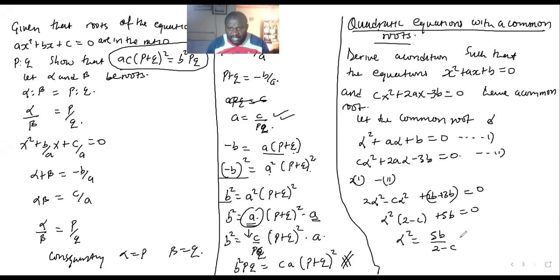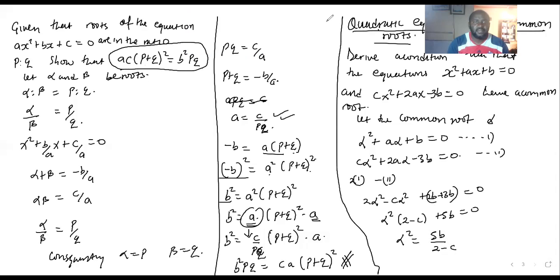No, before I can actually get alpha squared, let us try to also eliminate alpha squared. Can I rub off this number? I don't want to lose the page. Take a screenshot, I rub off this number.